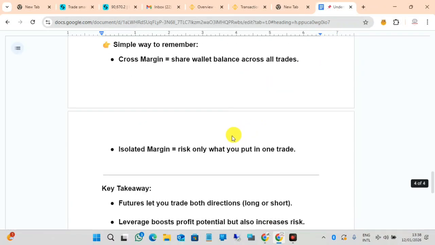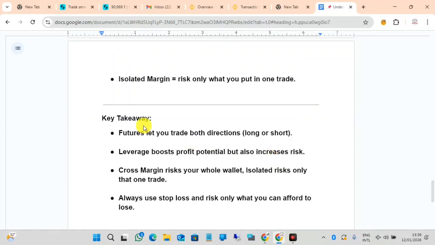Now, isolated margin risks only what you put into that particular trade. Let's say I just want to put $50 in that trade. That is the only money I am able to trade with. So futures lets you trade both directions, long and short.